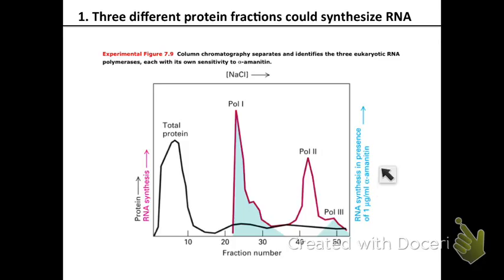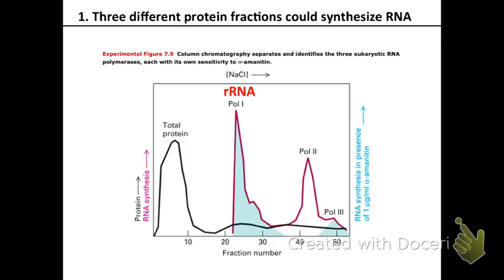When they added this alpha-amanitin to different fractions, they saw that transcription by the fraction containing polymerase 1 was not affected, which is plotted in blue here, but transcription by the fraction containing polymerase 2 was affected. That suggests that alpha-amanitin specifically inhibited the transcription activity of polymerase 2. Okay? So that was the initial biochemical characterization of all of these polymerases.